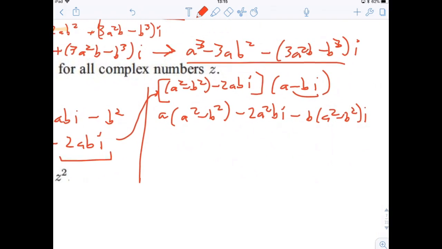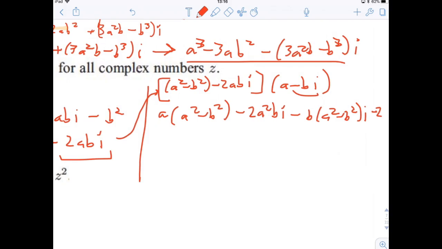And then we're going to multiply negative bi times minus 2abi. So we get minus 2ab squared, okay?